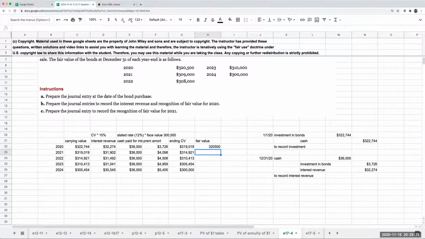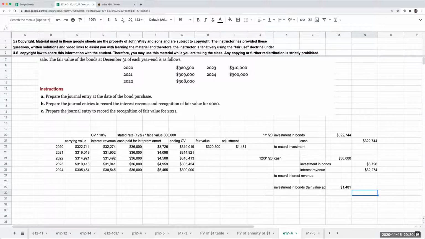So what I need to do is make an adjustment over here of the difference. So my adjustment here is going to be 320 less the 319.19. So on my balance sheet, I want to be recording this at 320. To get there, I'm going to have my investment in bonds of 1,481.